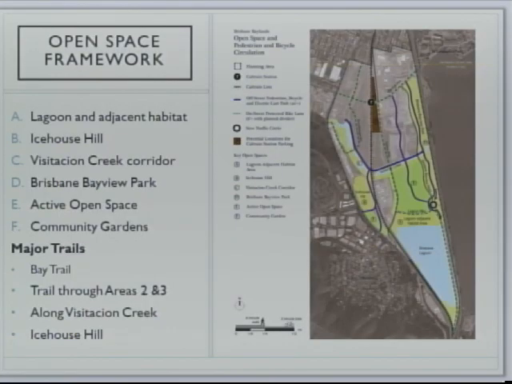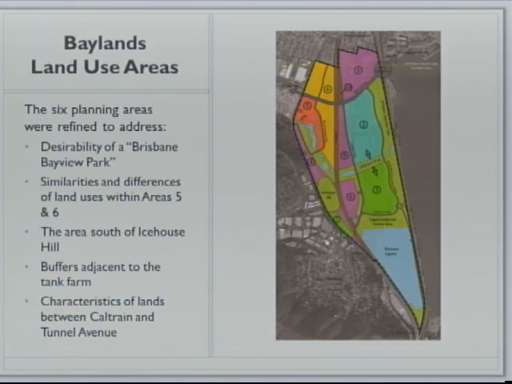We've talked about these. To incorporate an open space framework into the general plan, as well as to look at, and this is part of the staff report also, 10 different planning areas and looking at the desirability of a Bayview Park, as well as creating buffers adjacent to the tank farm.